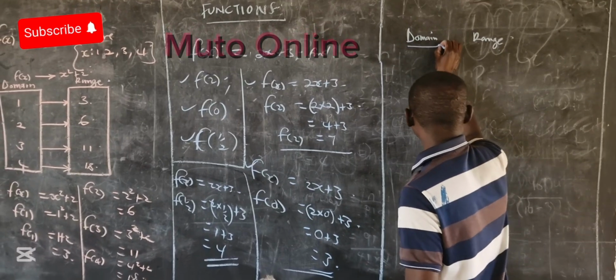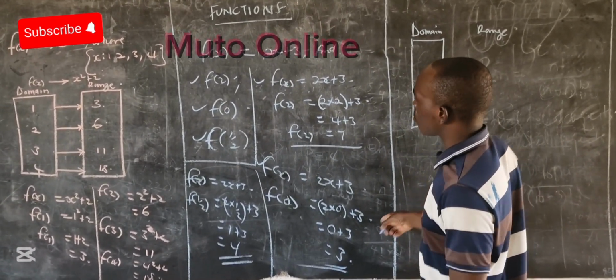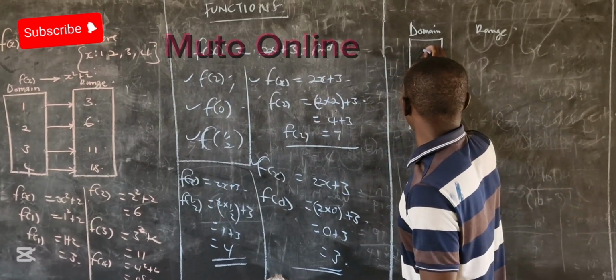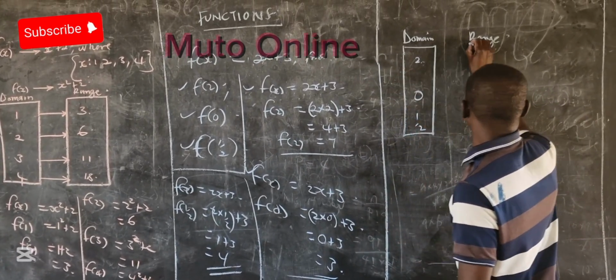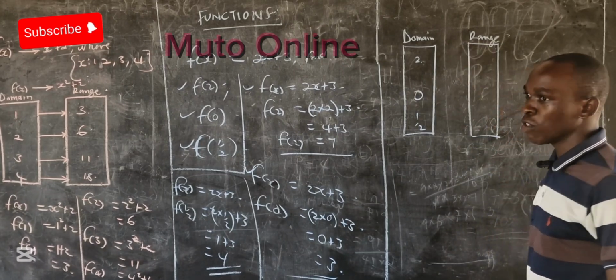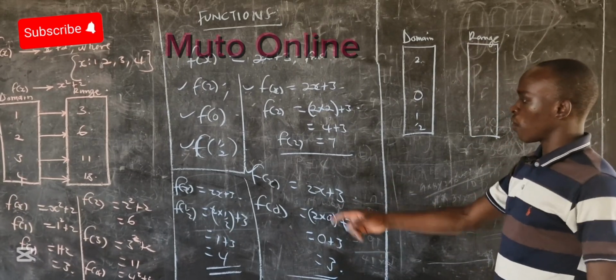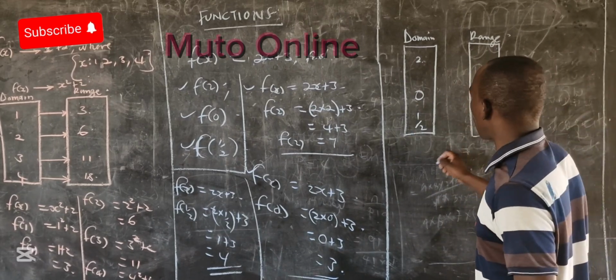Then this domain part, you simply put there the given x values. So we have the x values, which is 2, 0, and then a half. Then this side of the range is where we put our output, or the result that we've got as a result of putting these domain values into the formula.